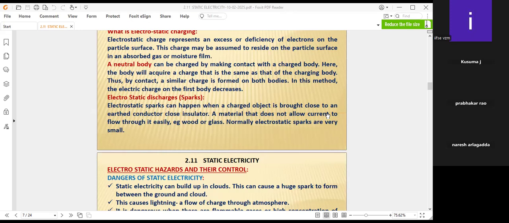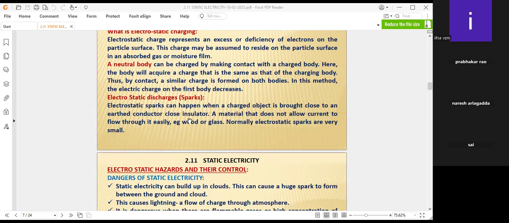A material that does not allow current to flow through it easily, for example wood or glass, is a bad conductor of electricity. Normally, the electrostatic sparks are very small. Where conductors and insulators are involved, the number of charges in the charged body stays balanced, so electricity will not leak.